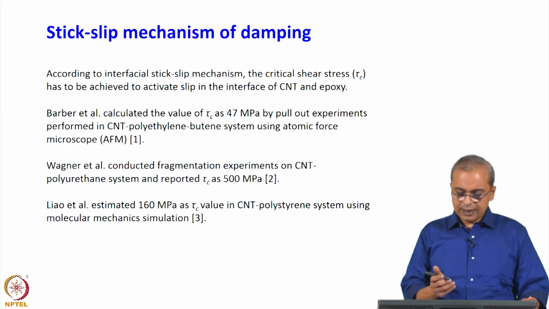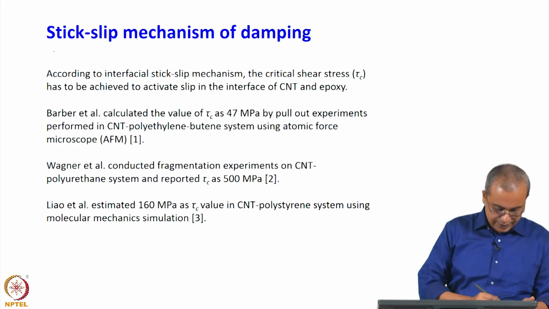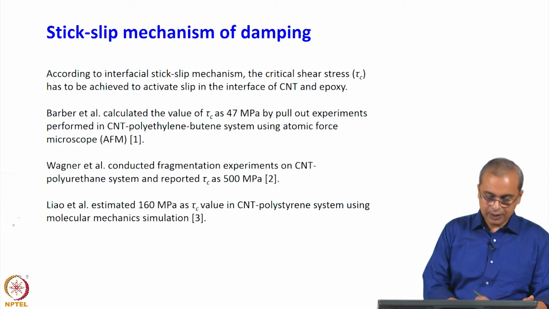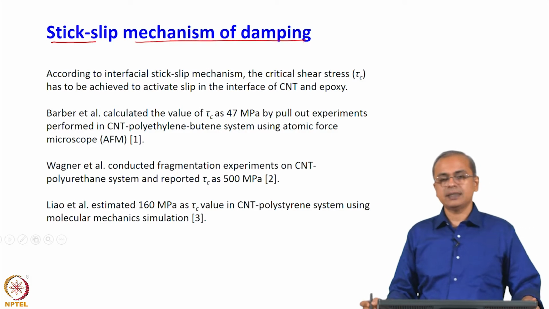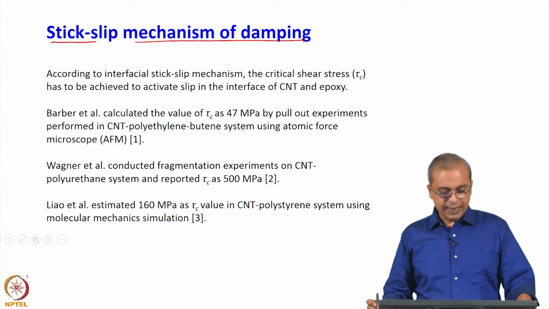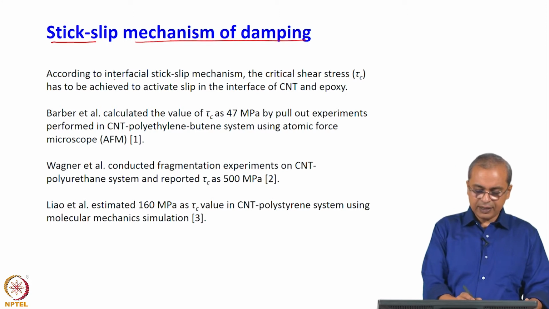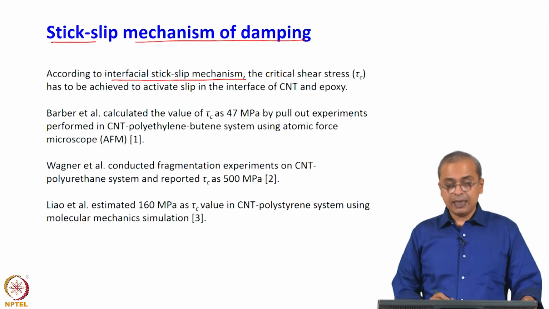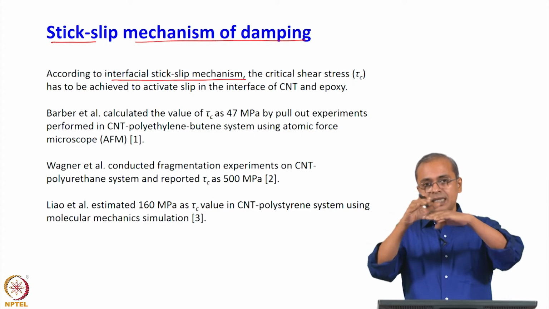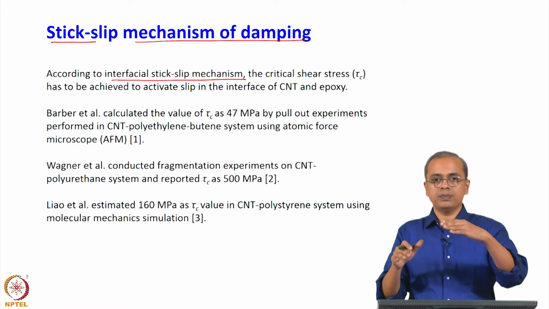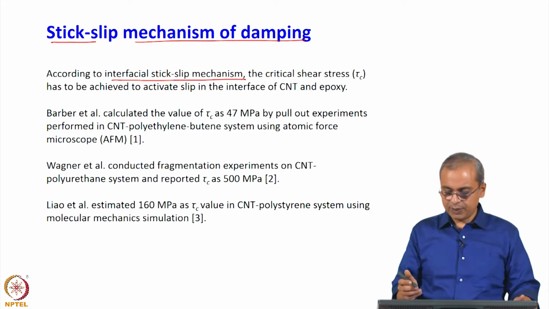There is one way of damping referred to as the stick slip mechanism of damping. According to this interfacial stick slip mechanism, the polymer is actually sliding with respect to the nanotube.